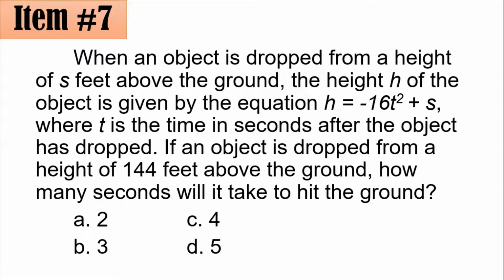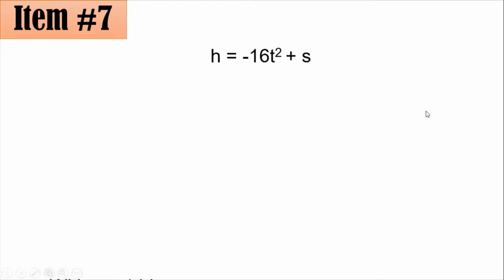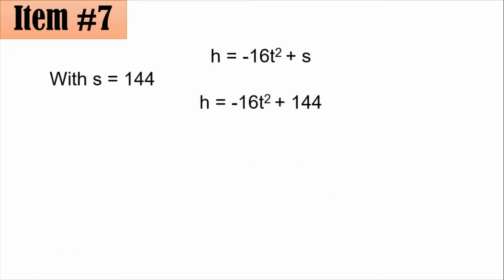From this one, since our height is 144, we will replace this s with 144. That is why this becomes h equals negative 16 t squared plus 144.